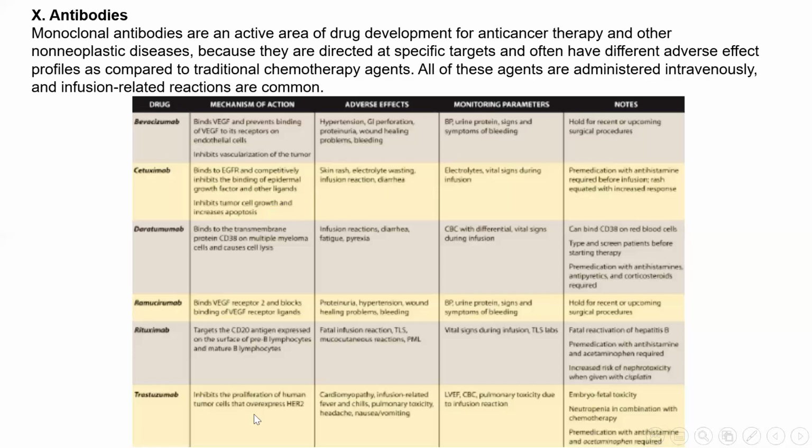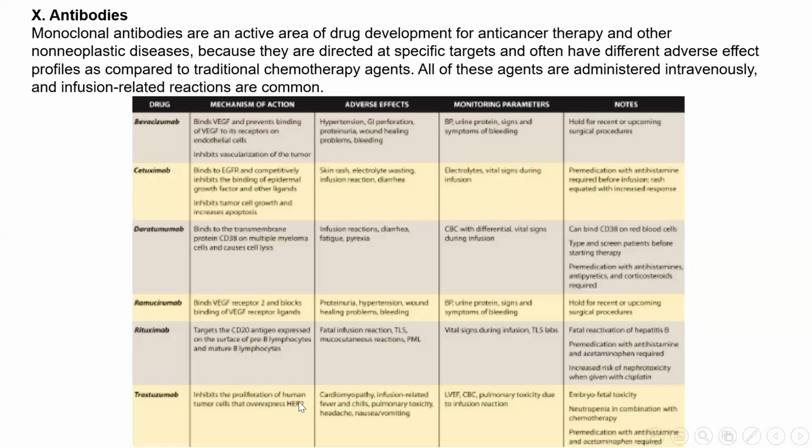Trastuzumab works on a different target. This one also inhibits tumor proliferation and cancer cell overgrowth through targeting HER2, and this represents a receptor for the growth factor that is responsible for the epidermal.